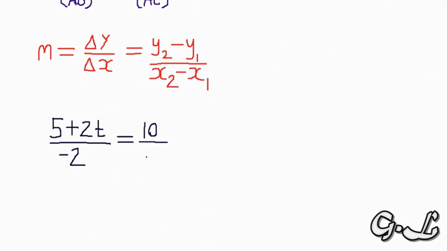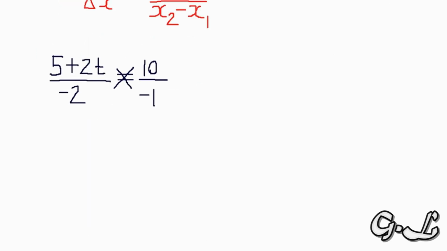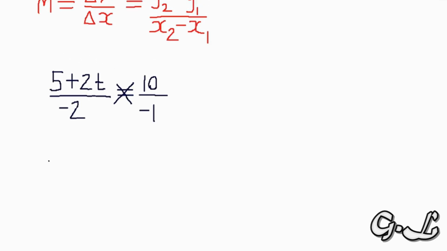So these two are equal. What are we going to do? We're going to cross multiply. So we're going to have -1 multiplied by the 5 plus 2t, so -1 open parenthesis 5 plus 2t, close parenthesis, is equal to -2 multiplied by the 10, so -2 open parenthesis 10.